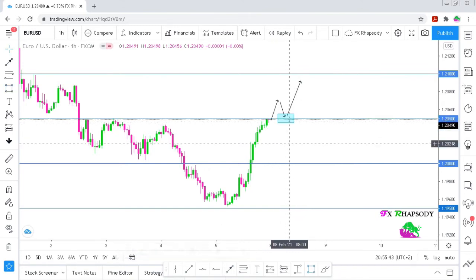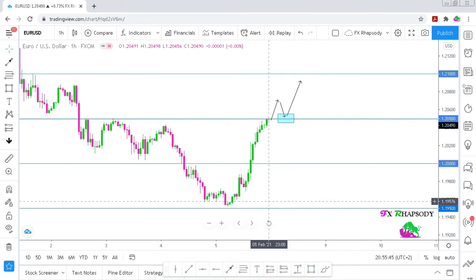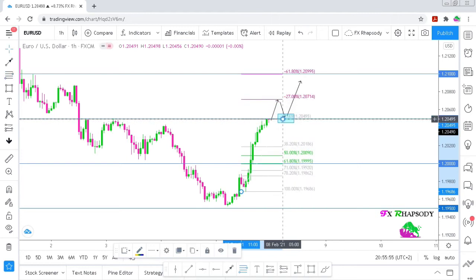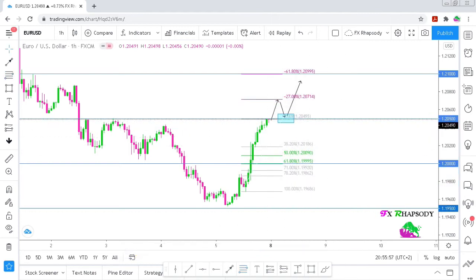That's my first scenario. The second scenario, which I think is the more likely one, is the following. You can see price shot up all the way to there. Price is definitely going to come back to this area right here.